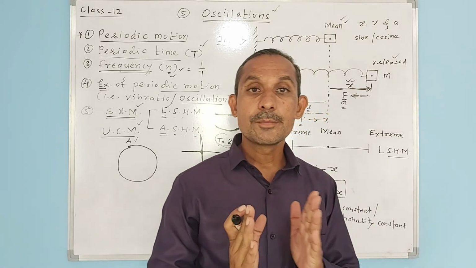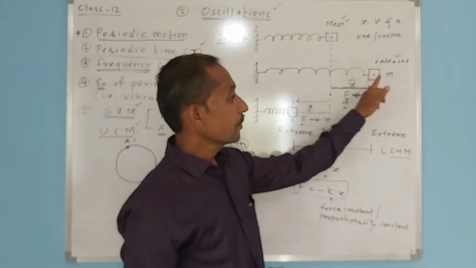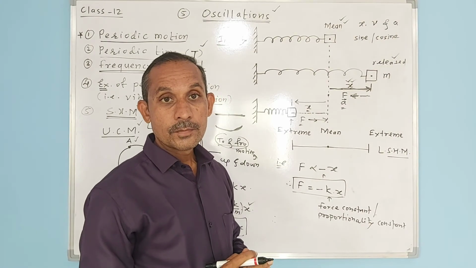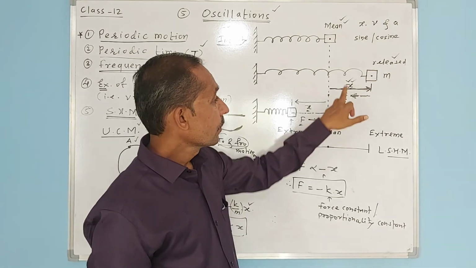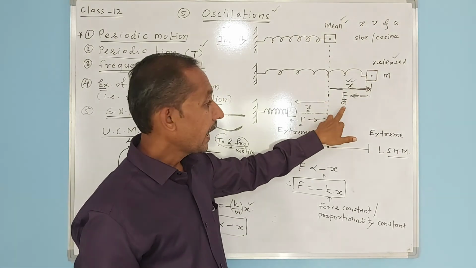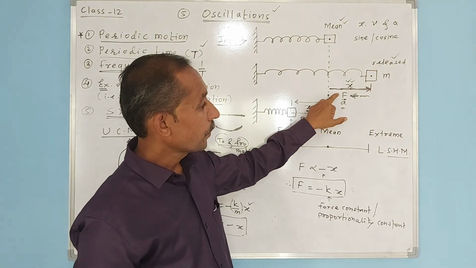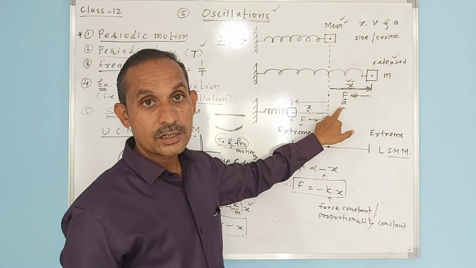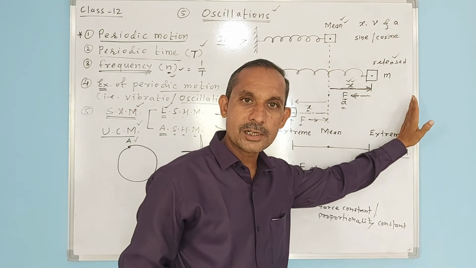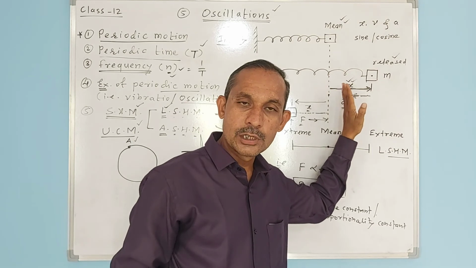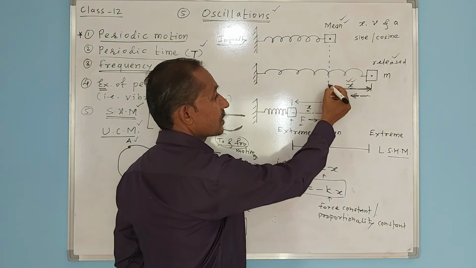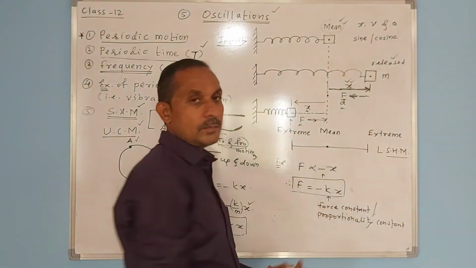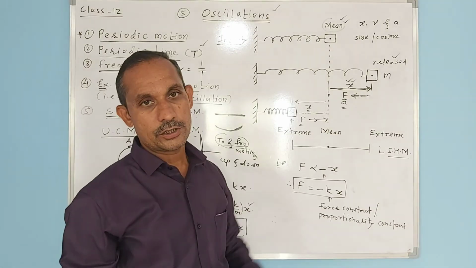Now let's see what is meant by simple harmonic motion. This is simple harmonic motion, which is a periodic motion in which force or acceleration is directly proportional to the displacement, and always directed towards the mean position.